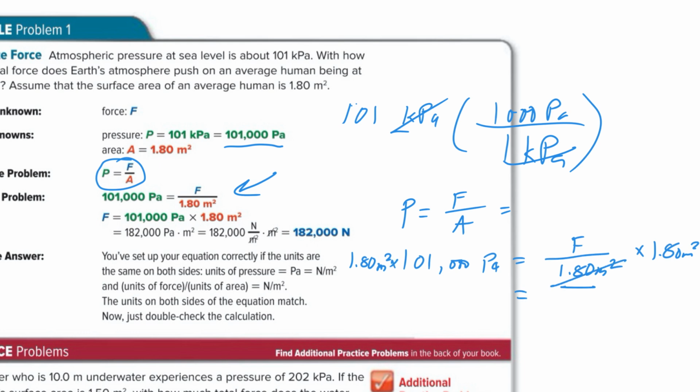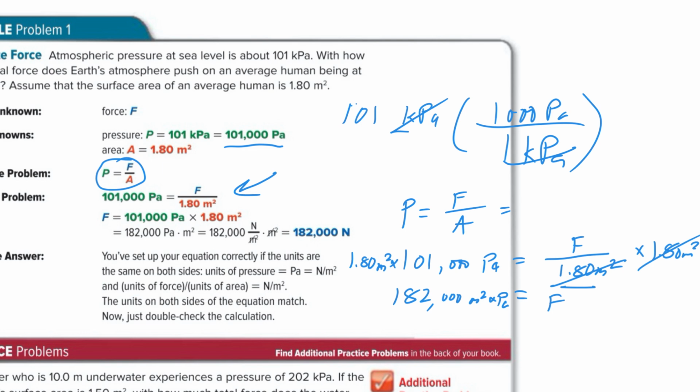So that cancels out on the right side. That leaves force. And on the other side, you take 1.8 times 101,000, you get 182,000.